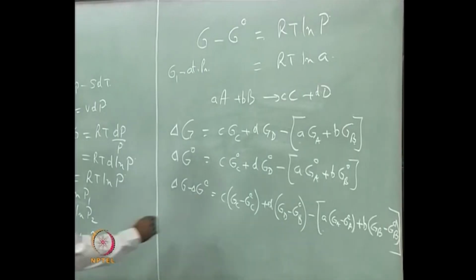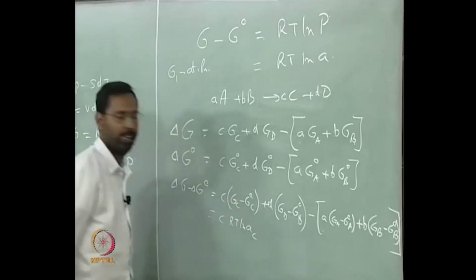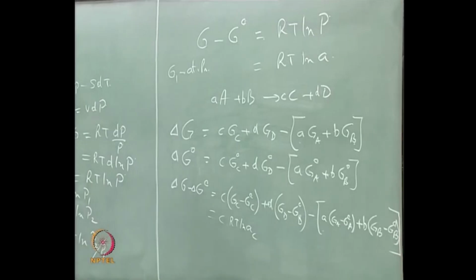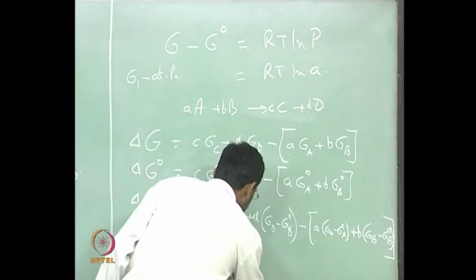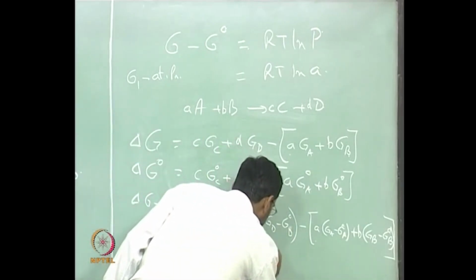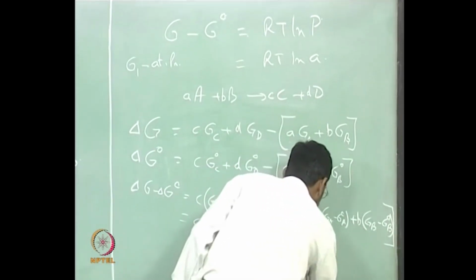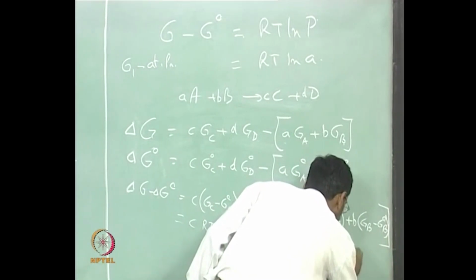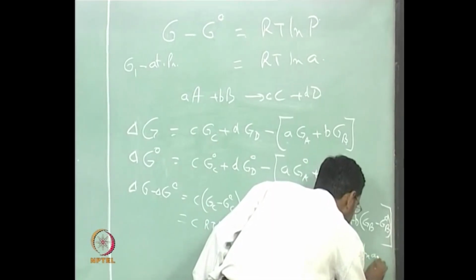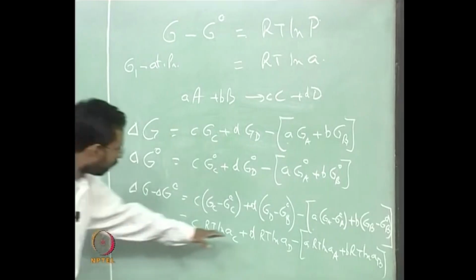So I can write this as C into RT ln a of C, the activity of component C, plus D into RT ln a of D minus A into RT ln a of A plus B into RT ln a of B. Basically, now we have got the whole free energy change in terms of activities.